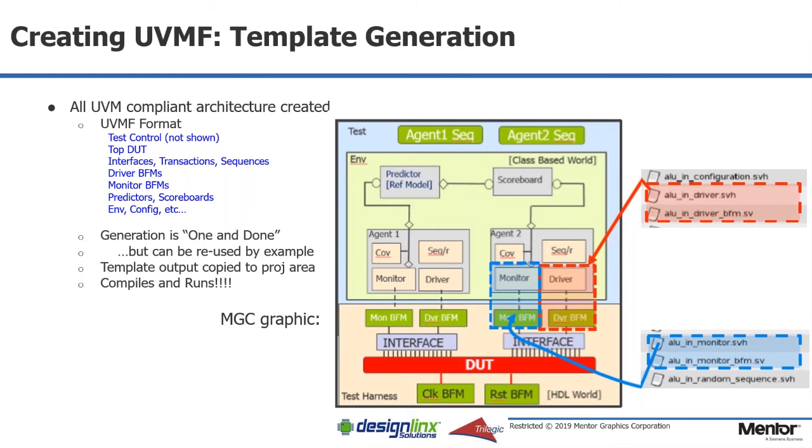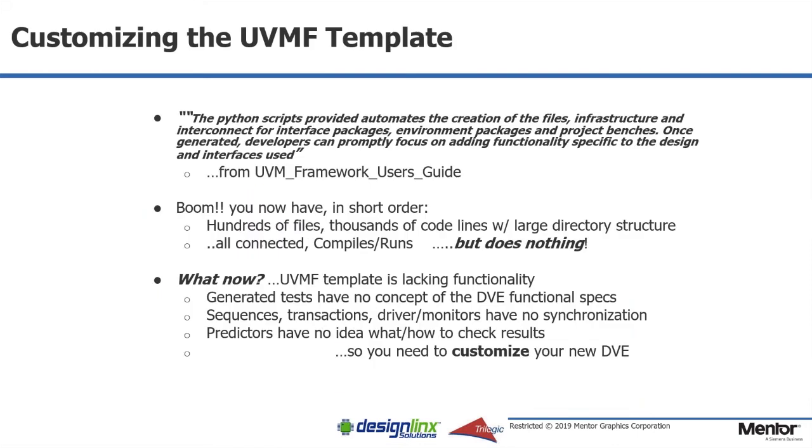But rerunning of the code generator is quite useful, for example, if you need to add an agent or an interface or a transaction variable. You can go back to your code generation area, rerun it, and then take a look at how it changed the environment and manually transpose it. But the really cool thing here is that it compiles and it runs.